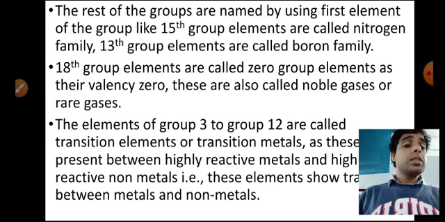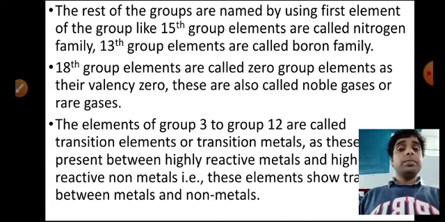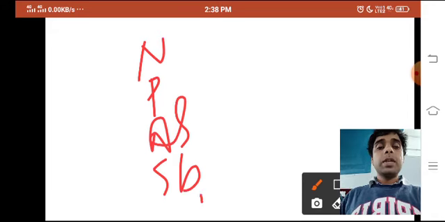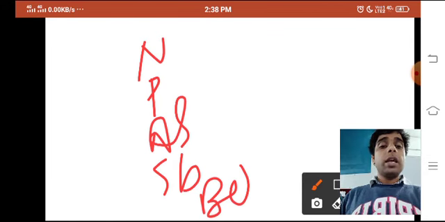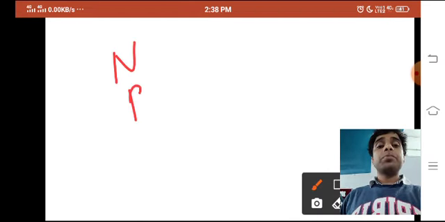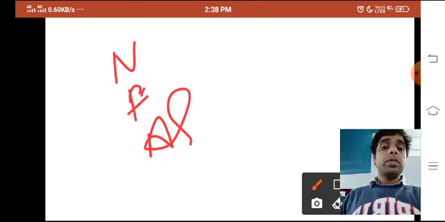Nitrogen, phosphorus, arsenic, antimony, then bismuth: these are all the elements of the 15th group.